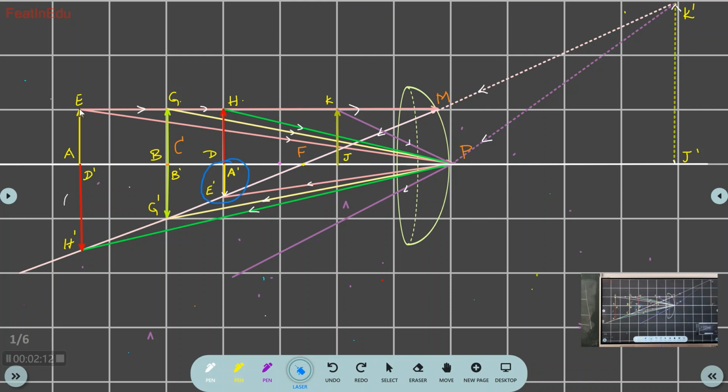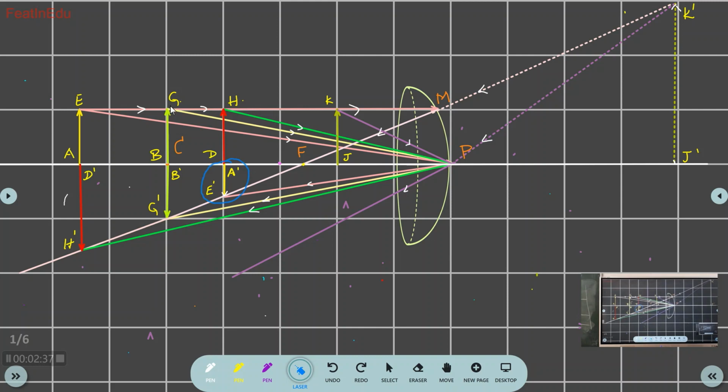Then I have taken one more ray, this pinkish color ray. It is falling at the pole, and then it is getting reflected, and the reflected ray passes through F, and this is meeting at this point. So you get the image of AE as A dash E dash at this point. I suppose all of you noticed it.